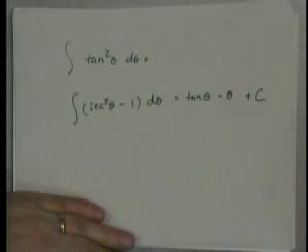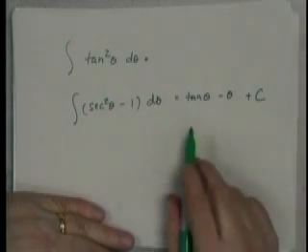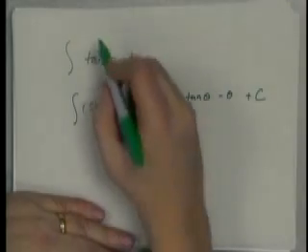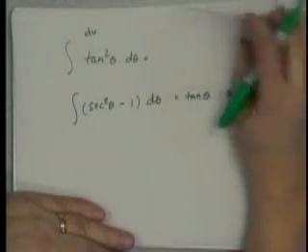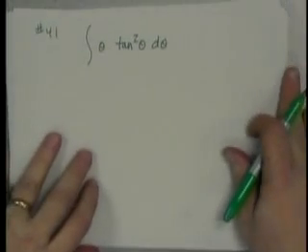So this is my dv. When I go to this, I need to know that I can integrate tangent squared before I can use parts. That was the idea.